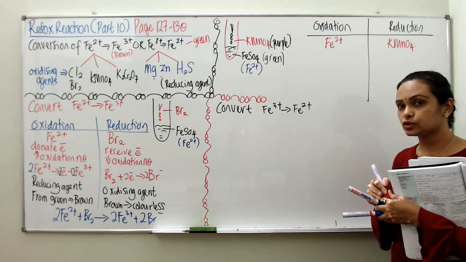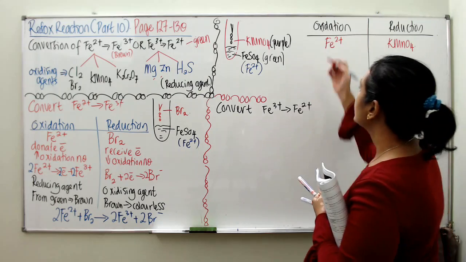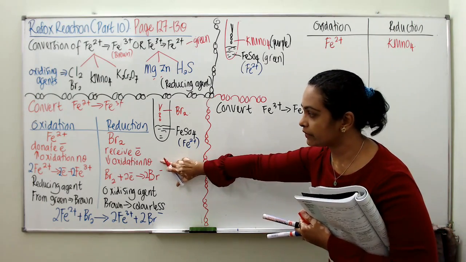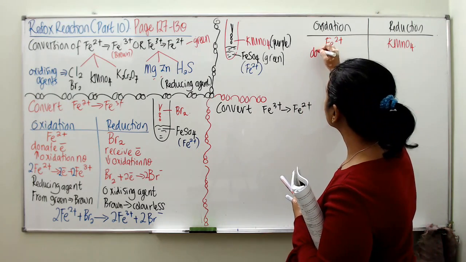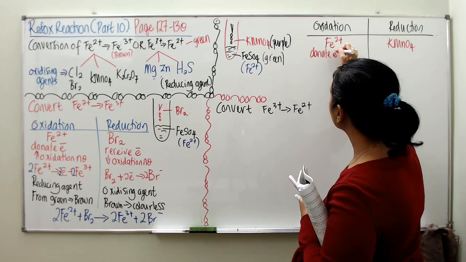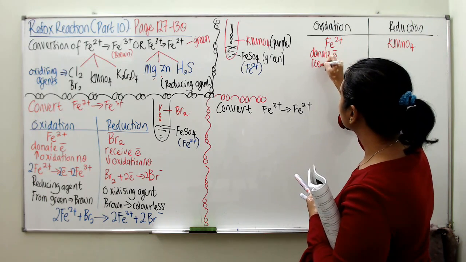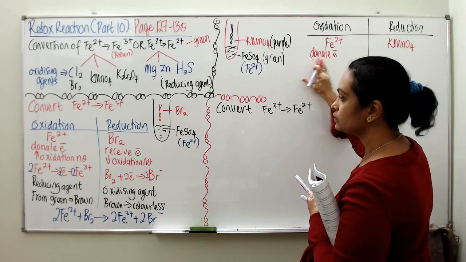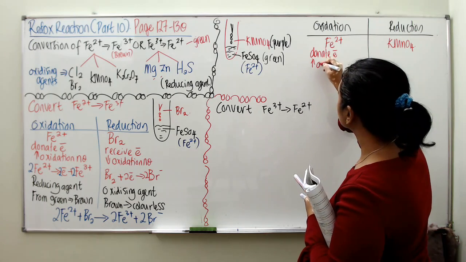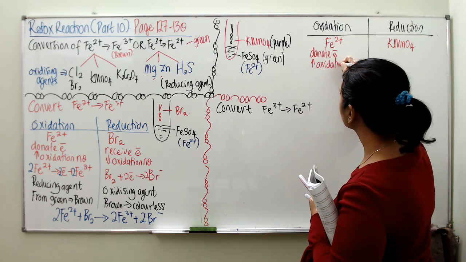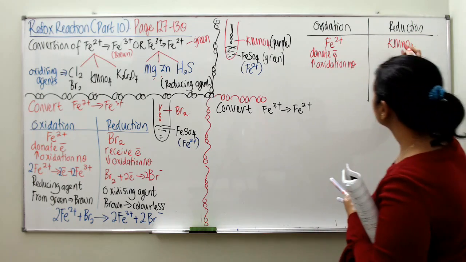So let's look at what happens again. Donate electron, sorry, donate electron, increase oxidation number.